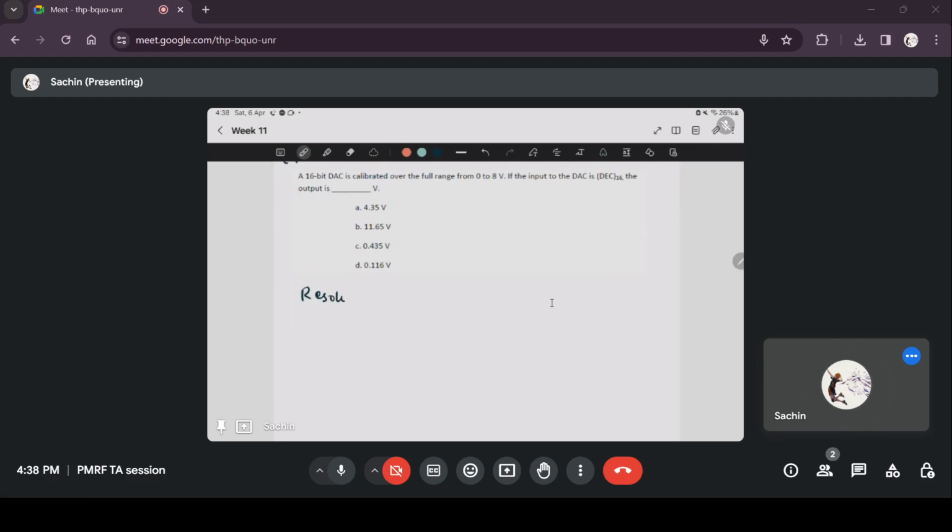resolution of the circuit would be VFS, full scale voltage. So here it is 8 volts divided by 2 power n minus 1, where n is the number of bits.